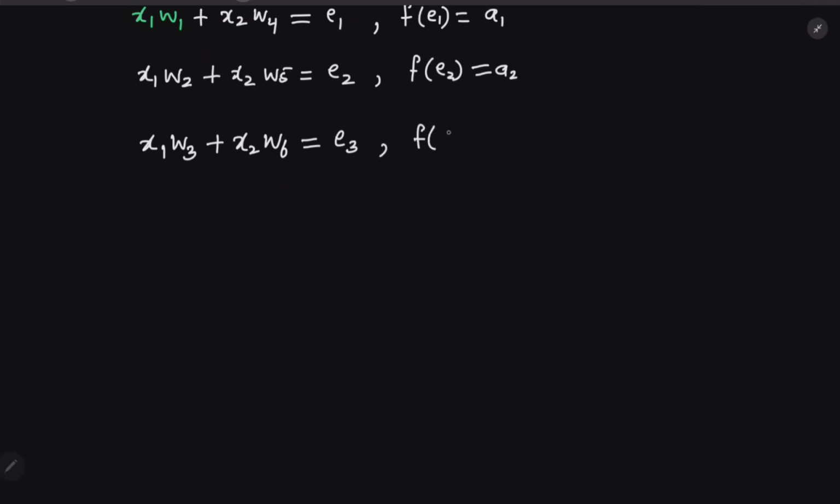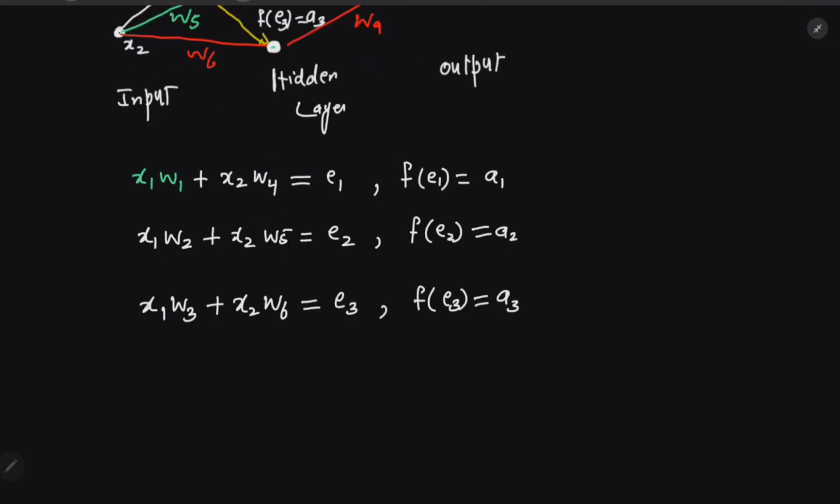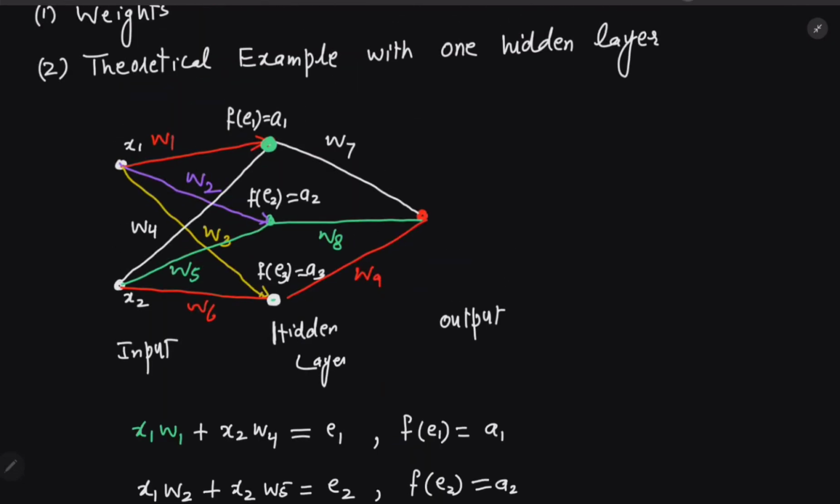You apply the activation function on E3, and at the end you get A3. So we have A1, A2, A3. These are the values that we get after applying the activation function.